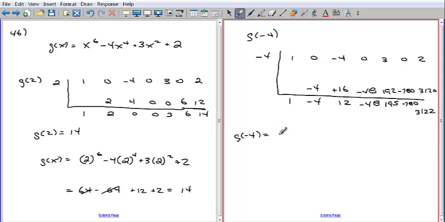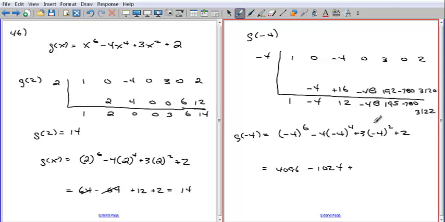So, negative 4 to the 6th power minus 4 times negative 4 to the 4th plus 3 times negative 4 squared plus 2. And so all these negatives, this is going to cancel, that's the same as 4 to the 6th power, which is 4,096. Here we got 4 to the 5th power basically, but it is negative because this will be positive, but then you have the negative from there, so that's minus 1024.